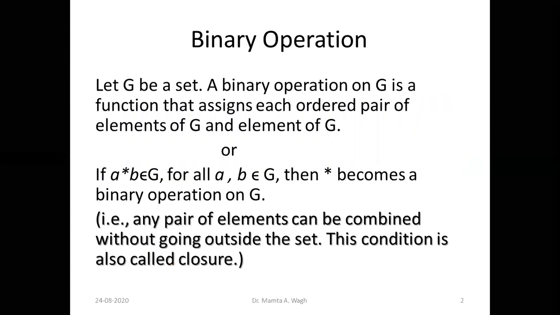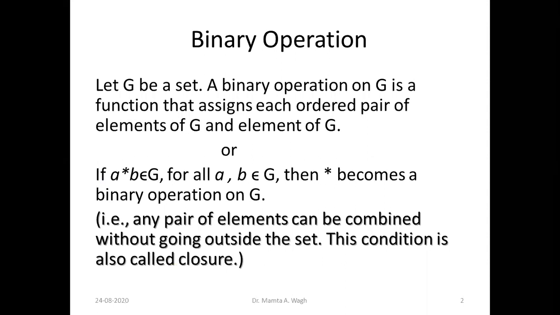First of all, we should have a binary operation on a set to define a group. So what is a binary operation? Suppose you have a set G. Then a binary operation on G is a function that assigns each ordered pair of elements of G an element of G. That means you are combining two elements with that operation.